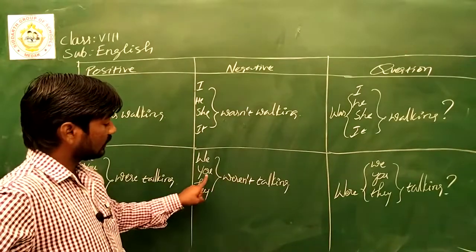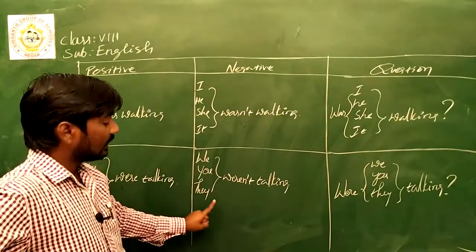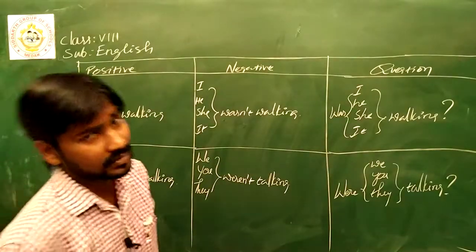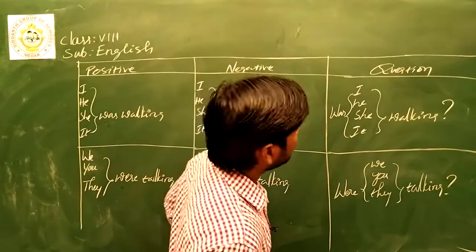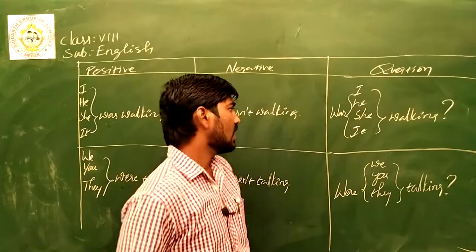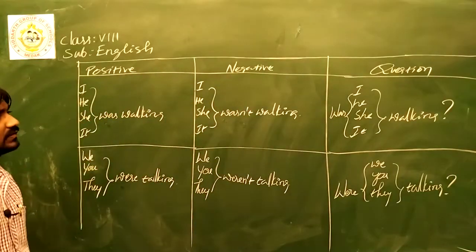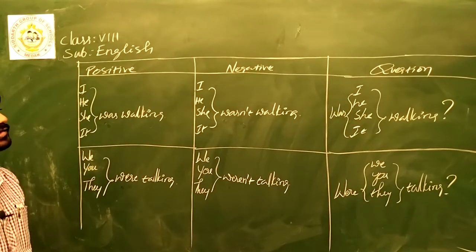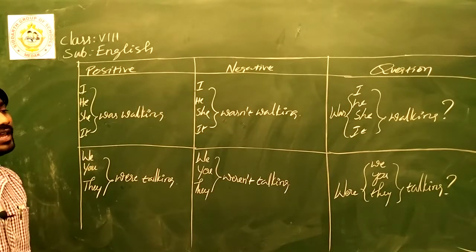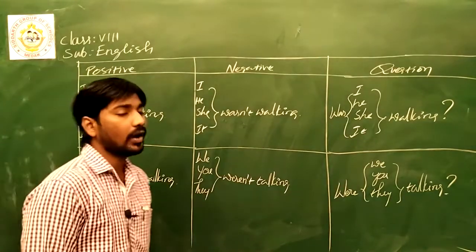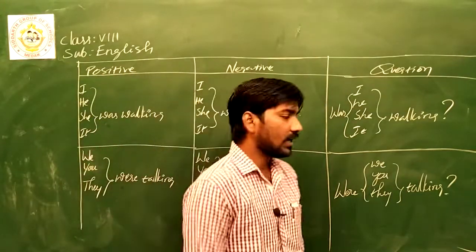We were not, you weren't, they weren't. Question form starts with an auxiliary verb. So, was I, was he, was she, was it. Next, were we, were you, were they walking, were they talking, were you walking, talking. Question form. Okay, copy this table.